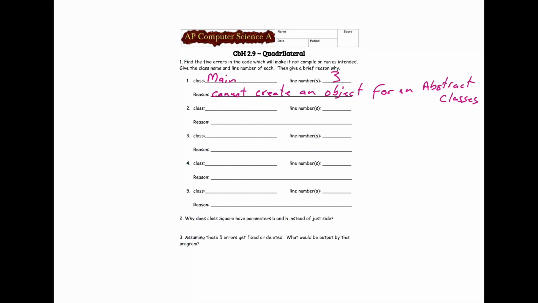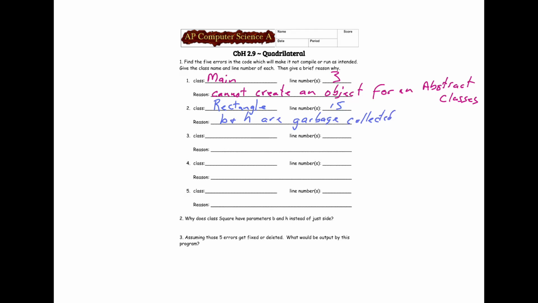All right, next mistake. It's going to be in the Rectangle class, line 15. Go ahead and pause the video if you didn't get that and see if you can find the reasoning. When you come back, it will be there.